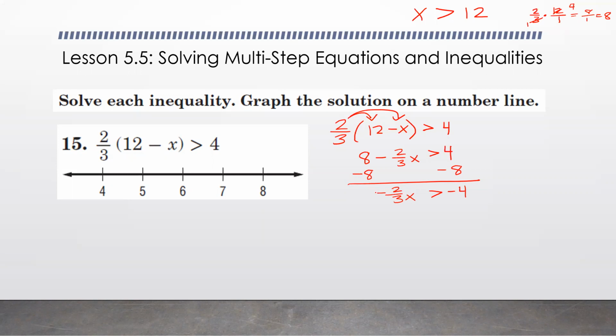So I want to do the inverse, and I want to divide by negative 2/3, right? So negative 4 divided by negative 2/3. So these would cancel, and this would be x, and then negative 4 over 1 divided by negative 2/3.